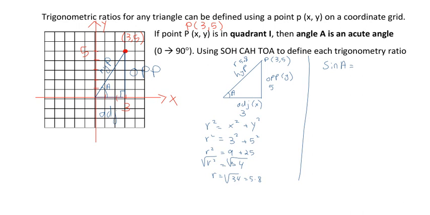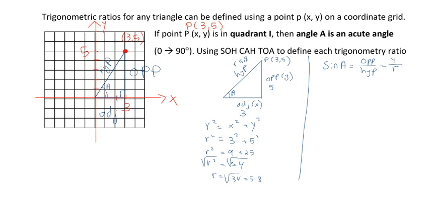The opposite is y, the hypotenuse is r. Is it always going to be the case? Yes, it is. It's always going to be y over r for sine of the angle.